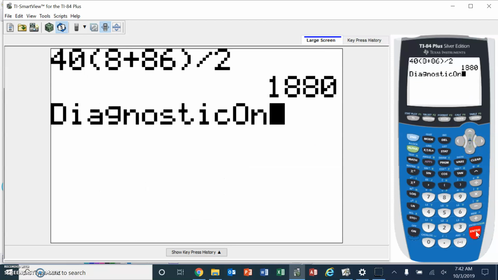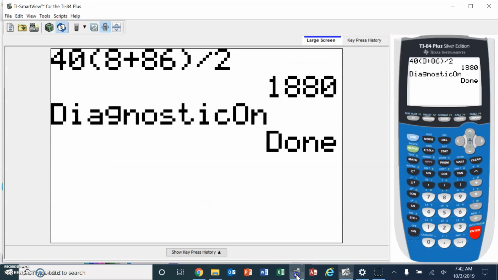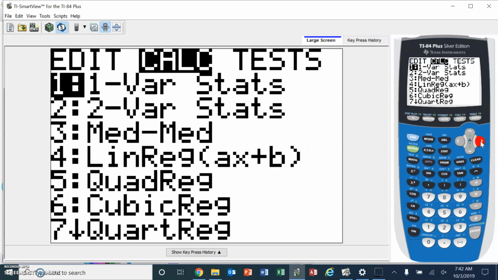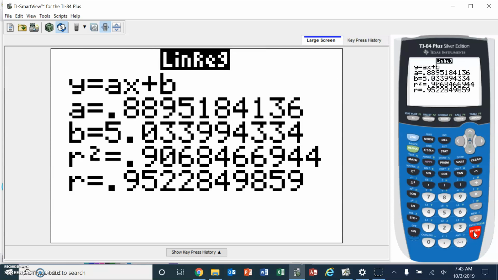There it is. Now I want to come up with the linear equation for this, the line of best fit. So I'm going to go stat calculate, and I'm going to pick number 4. I'm going to hit enter until I get all of the information.